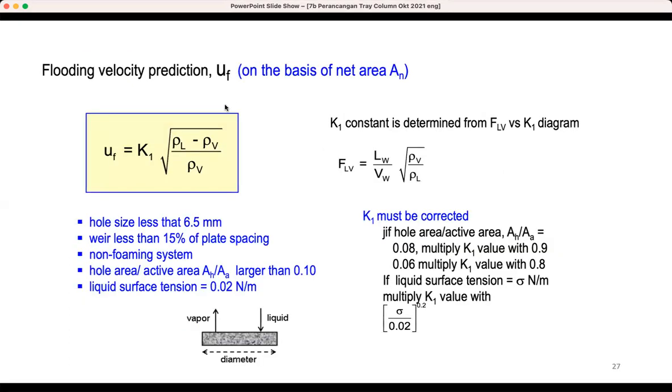Okay, how do we predict the flooding velocity, UF? We're going to use it on the basis of net area AN.